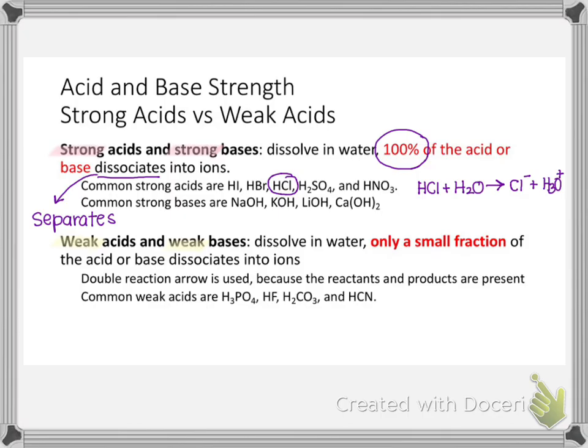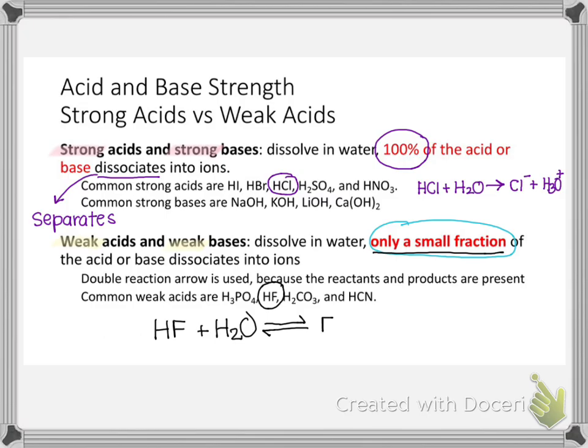So if you see here, only a small fraction of them will make the ions. Now this is an example where we would get a back and forth arrow. So for example, I'll take HF. So HF, if I put it into water, then only some of it would make the products because only a small amount dissociate.